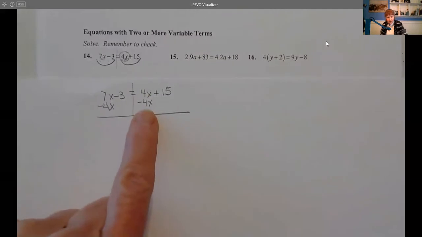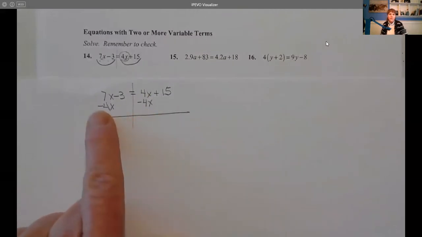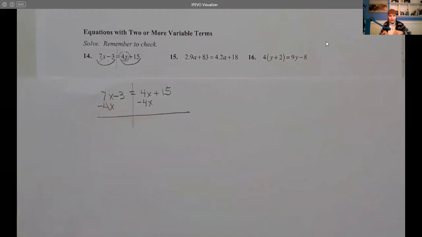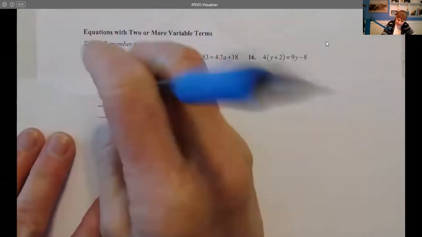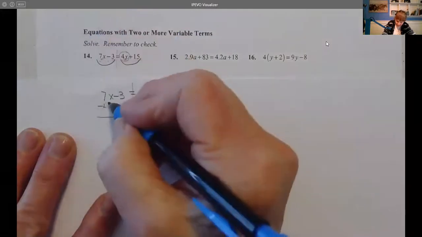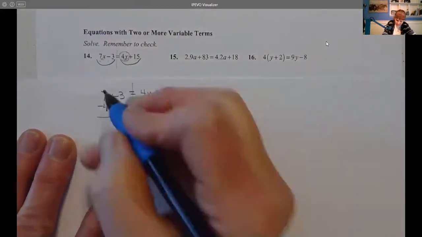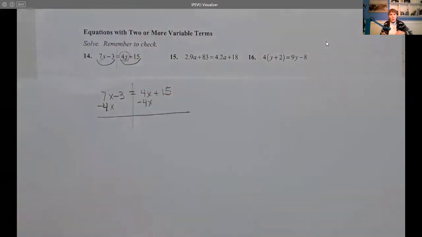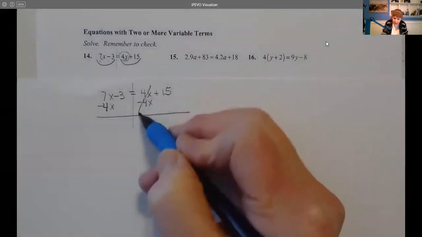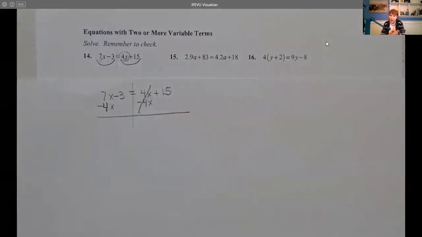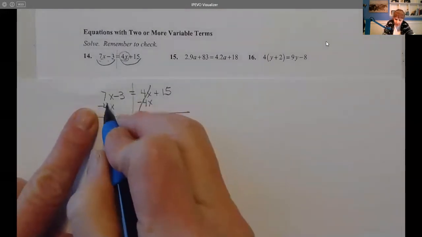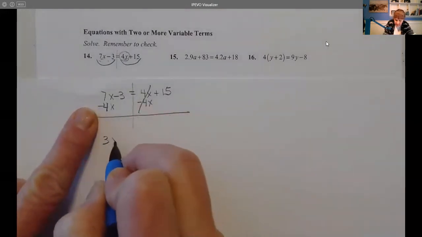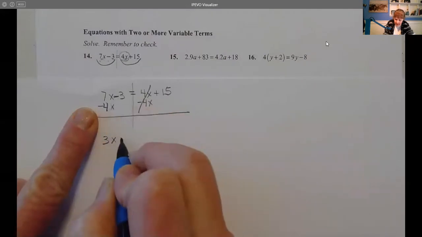So I'm going to add it to the right of the equal and to the left of the equal. I put it under the 7x so that I have like terms. Go down 4. All right. Much better. Okay, so that way here, those are gone because 4x and a negative 4x is 0. So that leaves me with 3x. I still have my subtract 3.